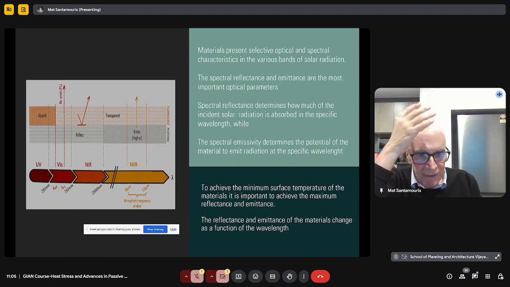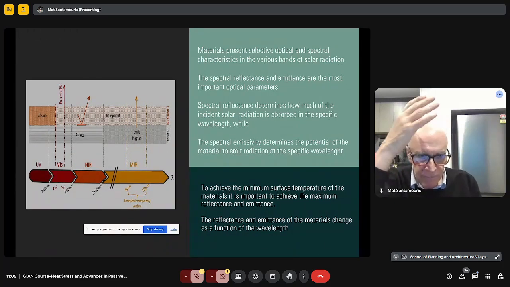We have the near infrared, which is from 750 to 2500 nanometers, which is very important because it contains the same amount of energy as the visible part of solar radiation. We can say that 50% of the solar radiation which comes to the atmosphere is in the visible, and the other 50% is in the near infrared.